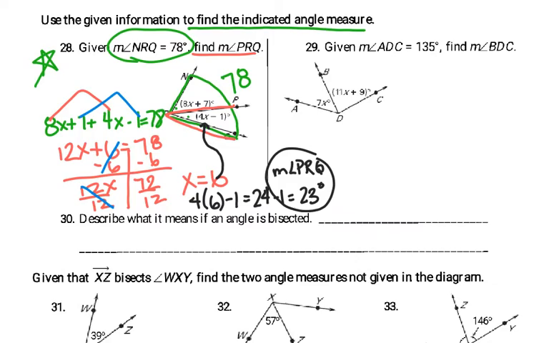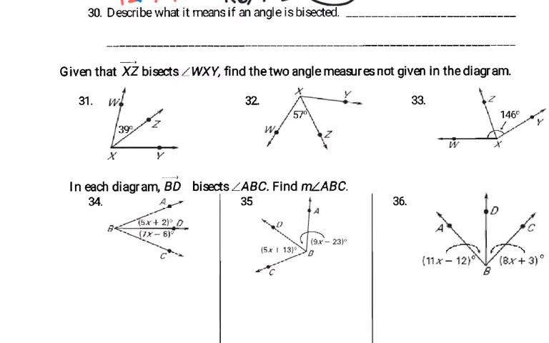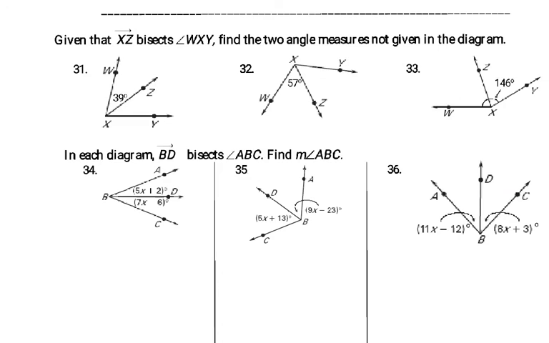The next question I would like to look at is question 31. The reason I'd like to look at that is they use this geometry word right here, bisect. Bisect means to cut in half. We have to find the two angle measures not given in the diagram. So if we look at question 31, we know that this segment, or ray, is in the middle.